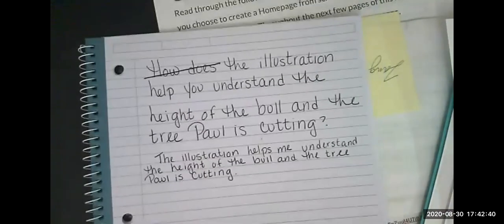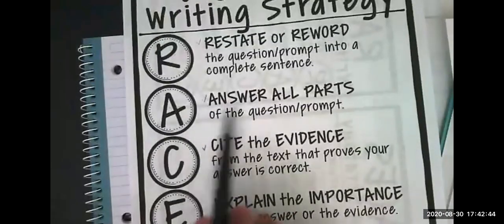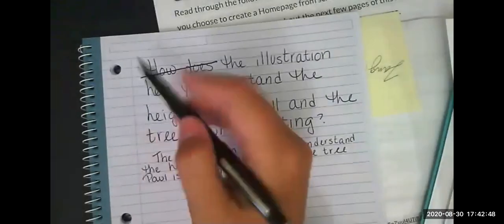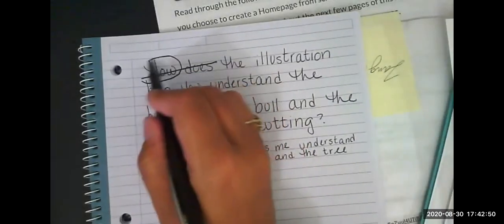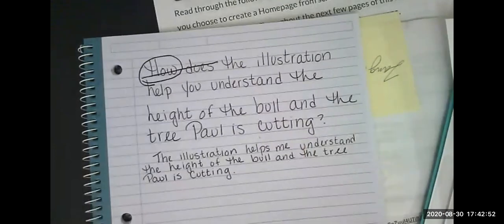Now, the next thing I have to do is answer how, right? Because I'm answering the question. And remember, the question was, how does it help? So, well, let's look at the illustration.